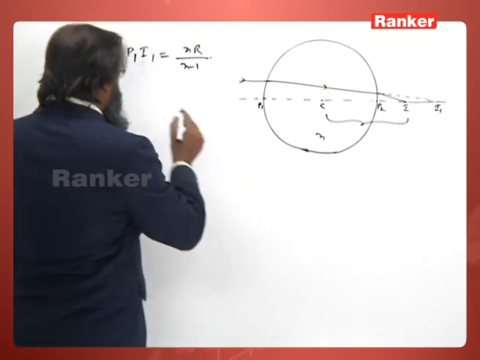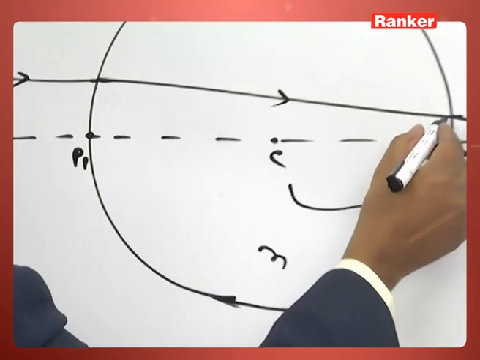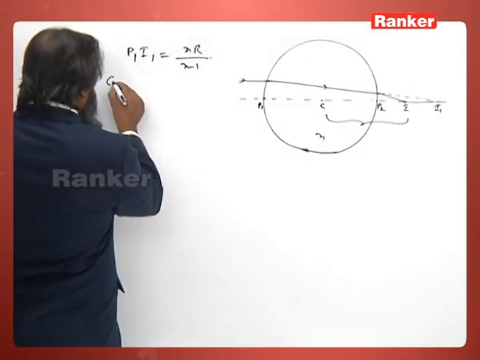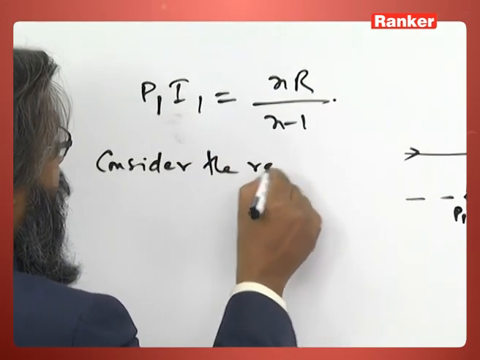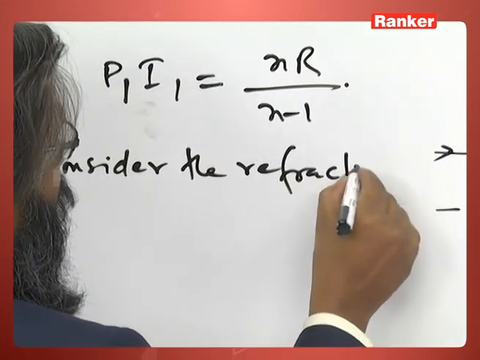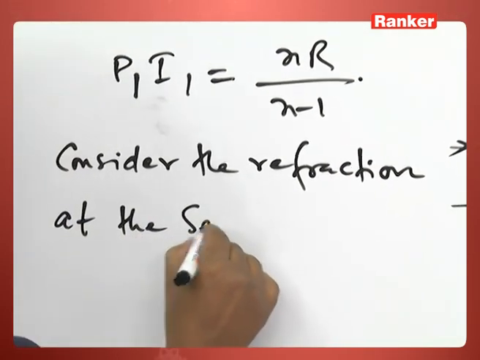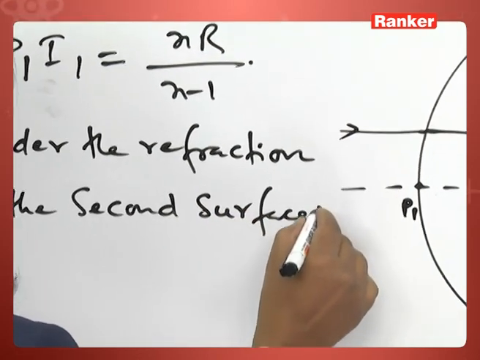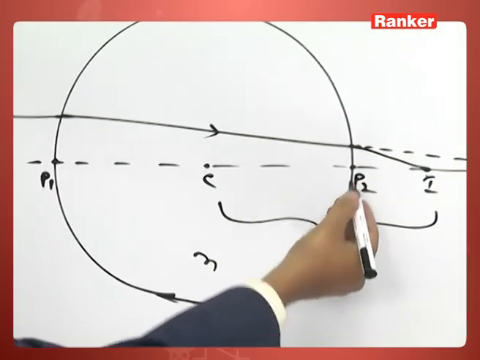Now suppose the final ray is going here, so the second refraction will take place. Now consider the refraction at the second surface, this surface at P2. P2 is the pole for that.